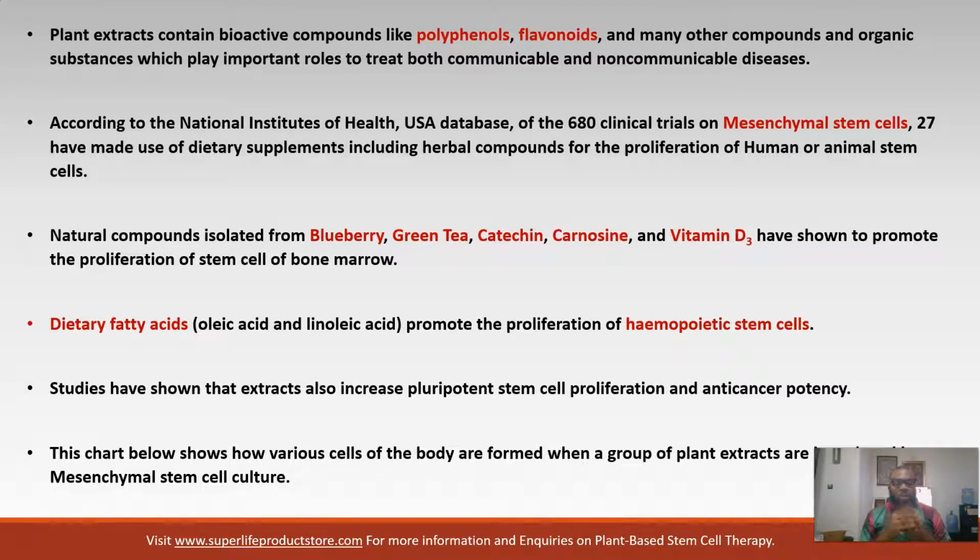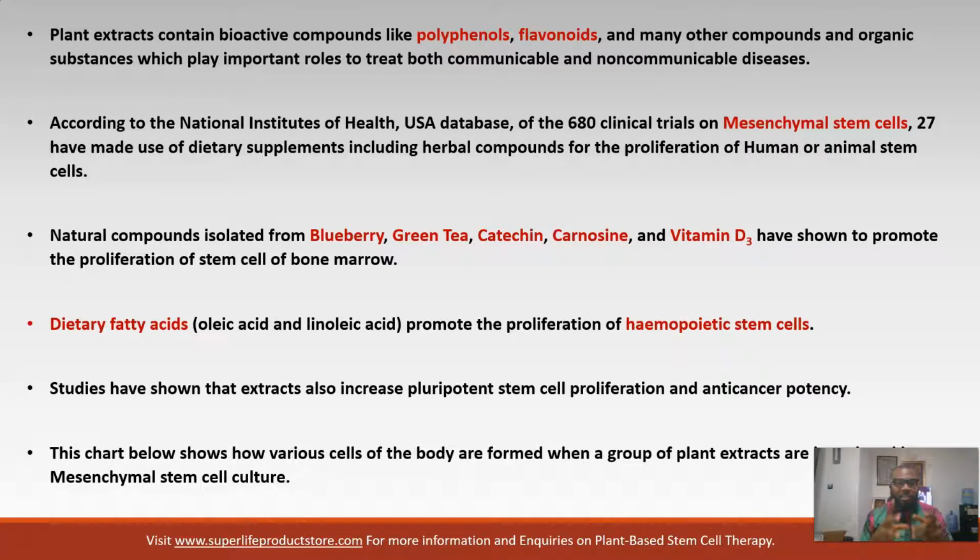Such compounds as blueberry, green tea catechin, carnosine, and vitamin D have basically shown strength in the production and proliferation of stem cells in the bone marrow. Like dietary fatty acids such as oleic acid and linoleic acid, they promote the growth and proliferation of hemopoietic stem cells.